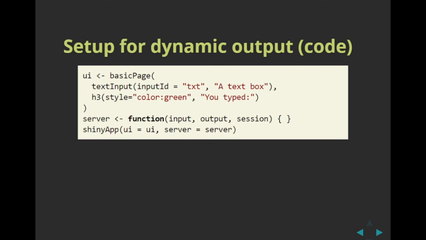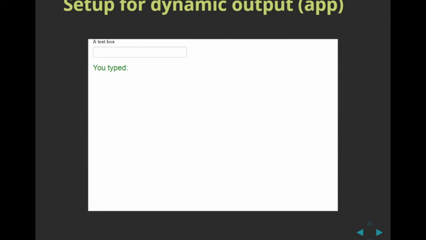You type in a text box, and it says what you typed. I'm going to show you how to spit out text in this example. Let's take a look at the app. I'm going to type in here. It does nothing. The server does nothing yet.